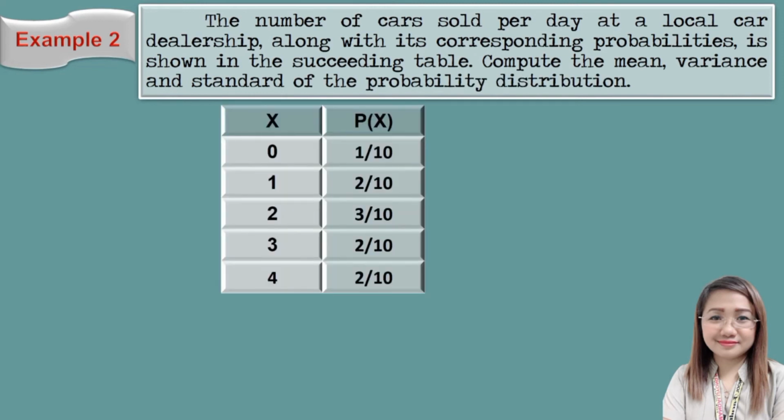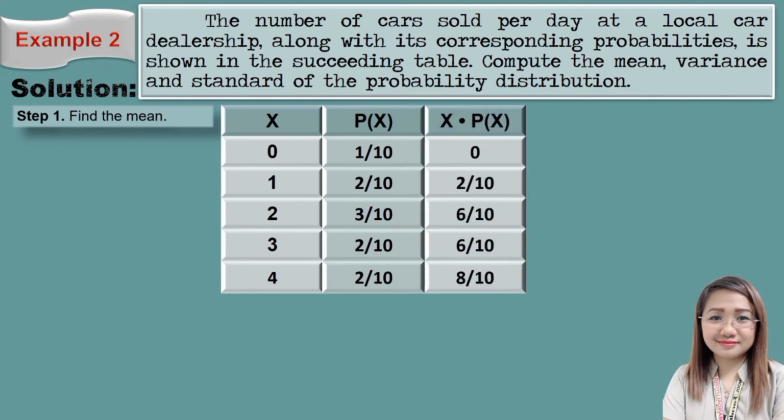So to find the mean, variance, and standard deviation, we have to apply the given steps. First, we have to find the mean. For us to find the mean, we need to multiply the value of x and p of x.